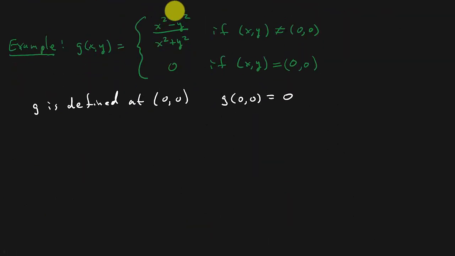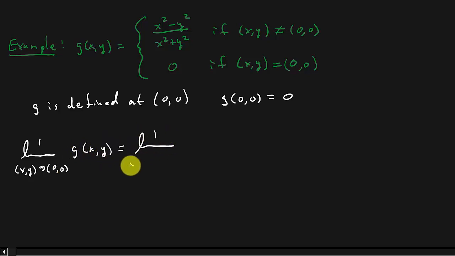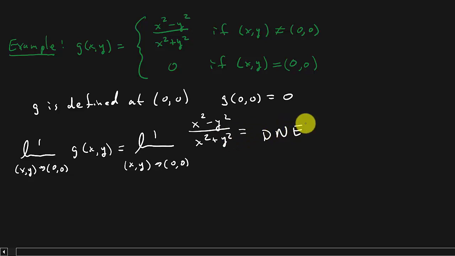So the limit as (x, y) goes to (0, 0) of g(x, y) is equal to the limit as (x, y) goes to (0, 0) of (x squared minus y squared) over (x squared plus y squared). Well, what is that? That does not exist.